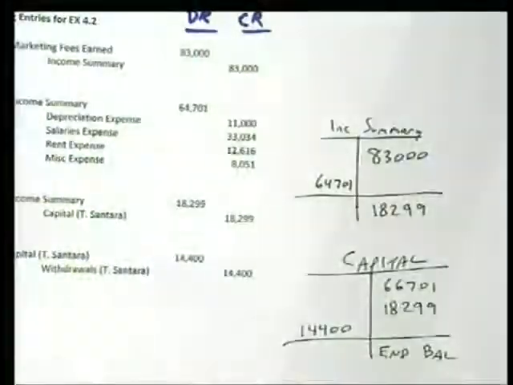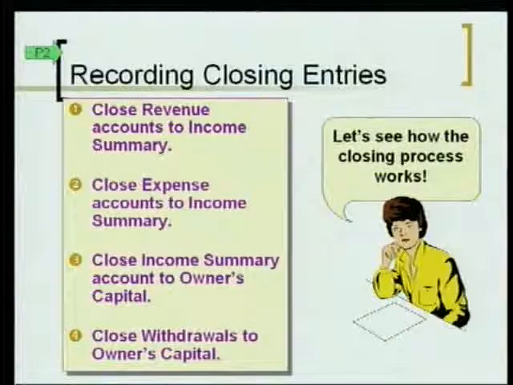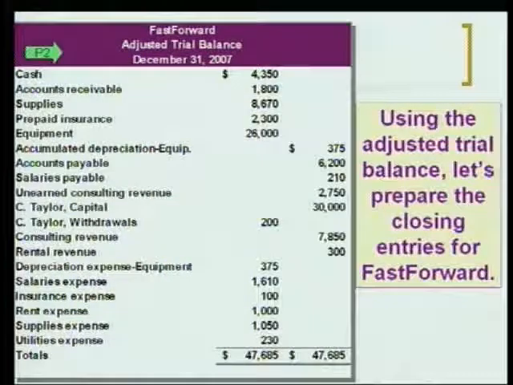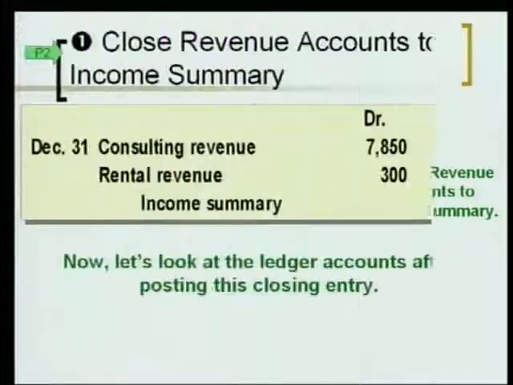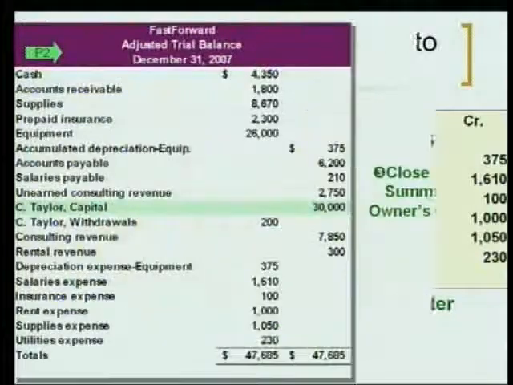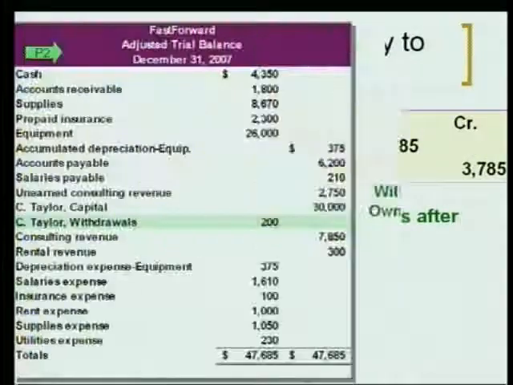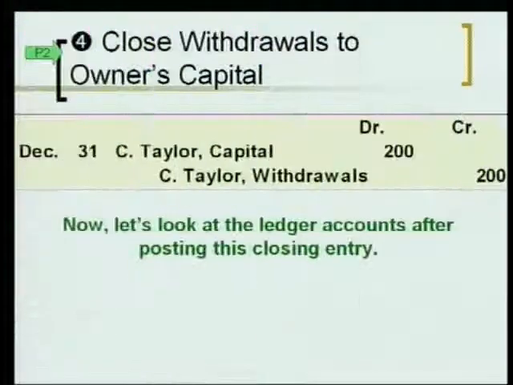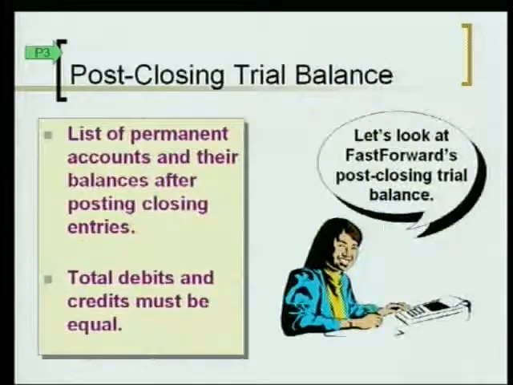Why do I say that? Because going back to the PowerPoints, I want to show you one last thing here real quick. And you can look through your PowerPoints and see another example of an adjusted trial balance that they did closing entries for. Okay? Just like we did. But then I want to show you what a post-closing trial balance is.